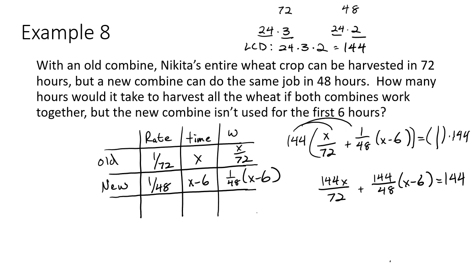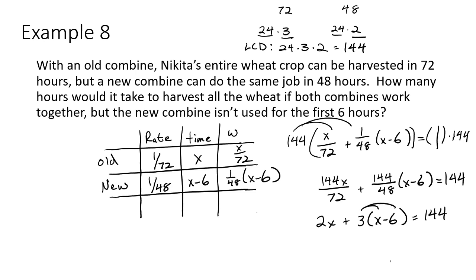The 72 will divide into the 144 to give us 2, still with the x. 48 will divide into 144 to give us 3, but this is still times x minus 6 in parentheses, equal to 144.